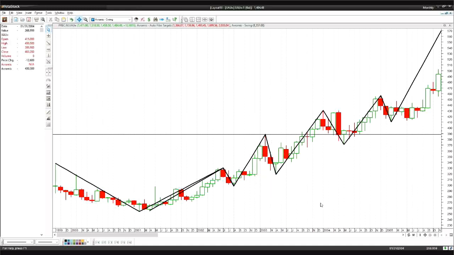And now all you have to do, guys, is simply to look at the sequence of the tops, the sequence of the bottoms, and then you can easily identify the direction of the trend, isn't it? Identifying a trend is not difficult. The difficult part is to be able to identify the tops and bottoms. And once you can identify the tops and bottoms, identifying the trend can be very, very simple.